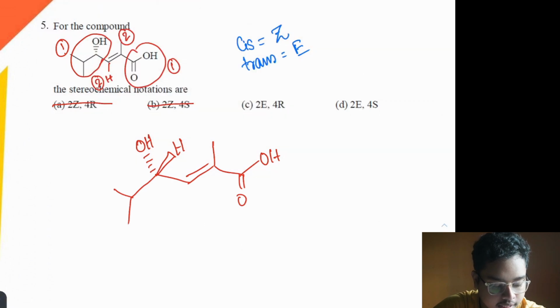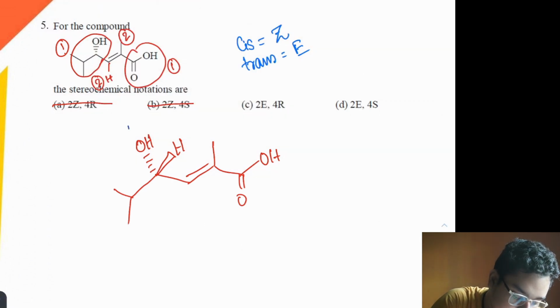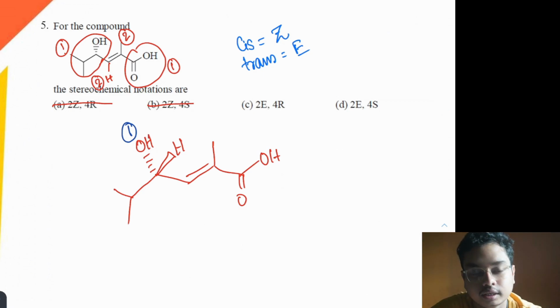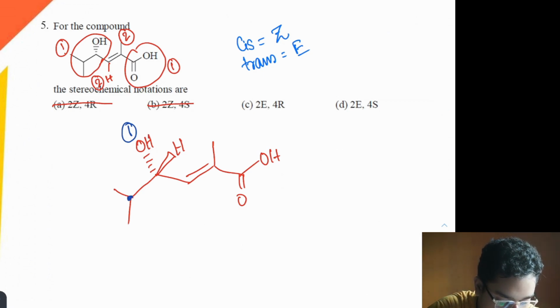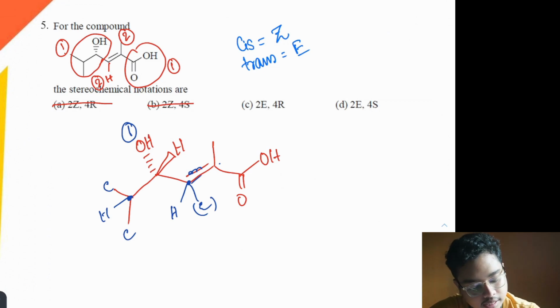Now we are just naming. Obviously, OH will get the highest priority. Now this particular carbon contains carbon and hydrogen. Here this particular carbon contains hydrogen, carbon and carbon. Okay. And this particular carbon contains a carbon and also a carbon.